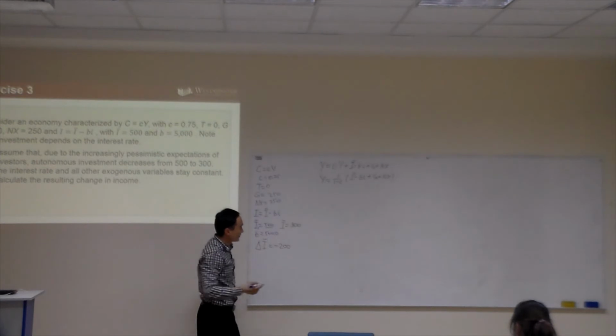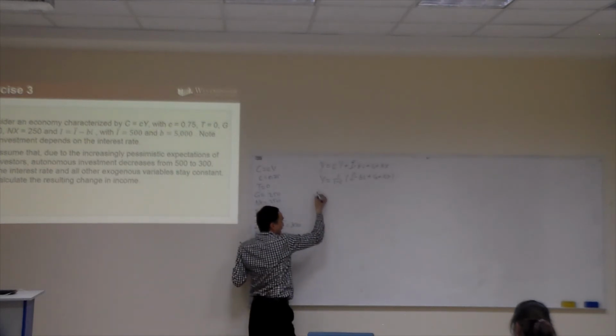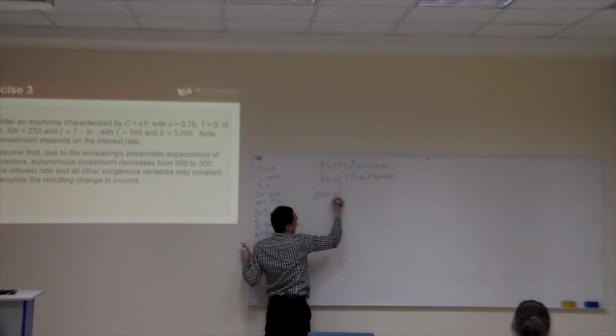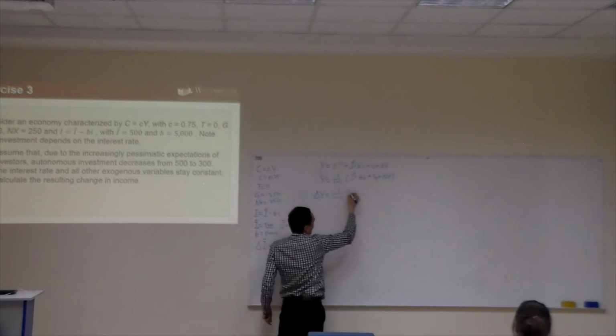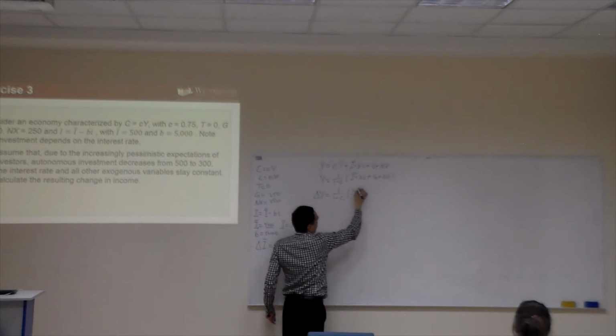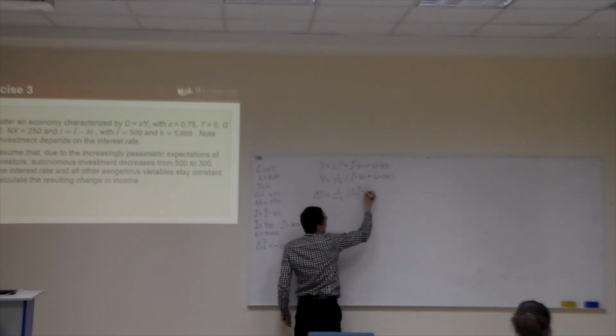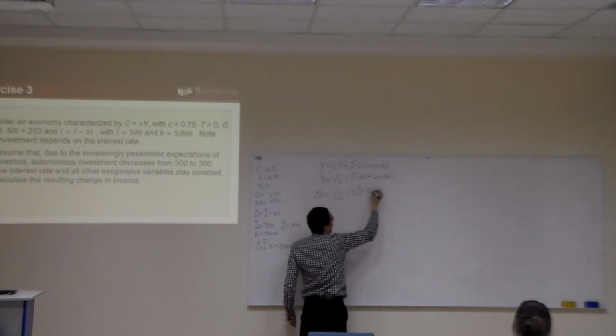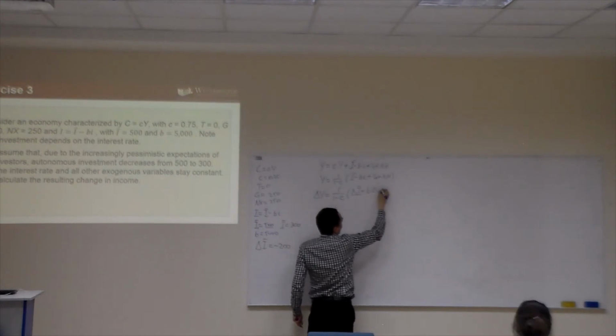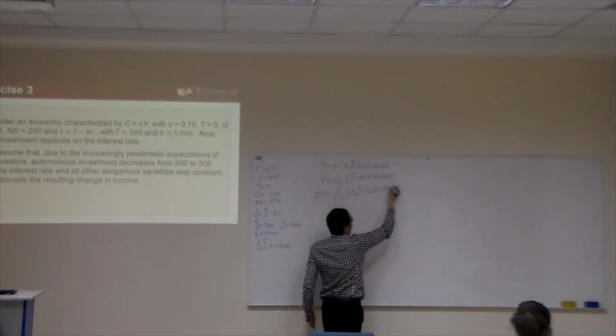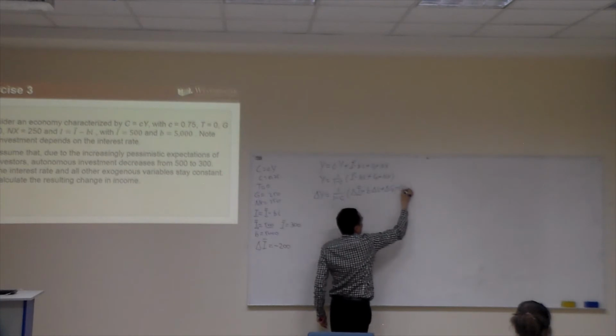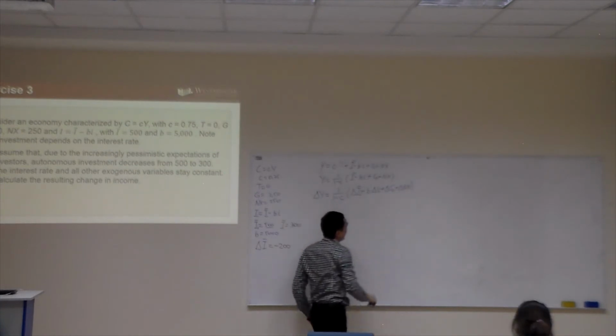If you take the first difference, it gives you change in output is equal to 1 over 1 minus c, the multiplier, times change in autonomous investment plus coefficient times change in interest rate plus change in government spending plus change in net export.